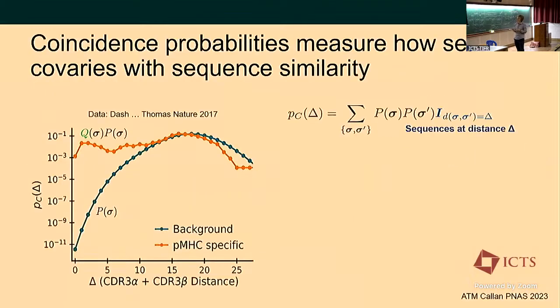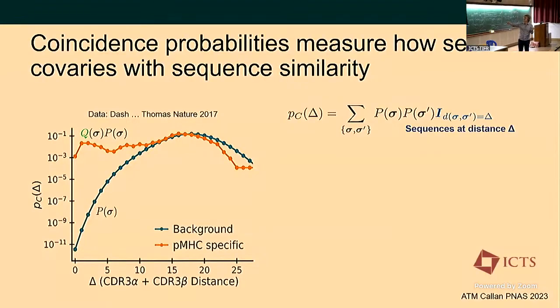And what it turns out you can do, which turned out to be surprisingly useful, is this: before I showed you these matrices, but you can compress the information in these matrices down to a histogram of pairwise sequence similarities. So this is a probability of coincidence at a distance delta. Here is the sequence distance, which is the sum of the distance on both chains, the alpha and the beta chain.